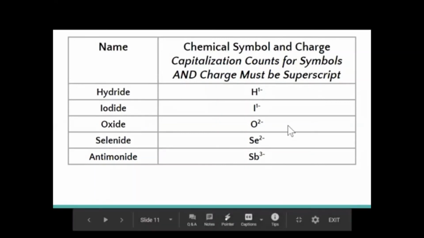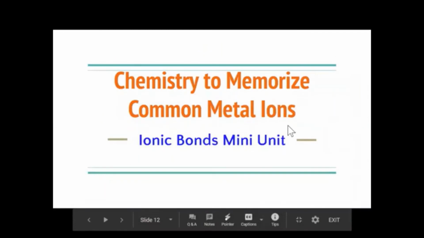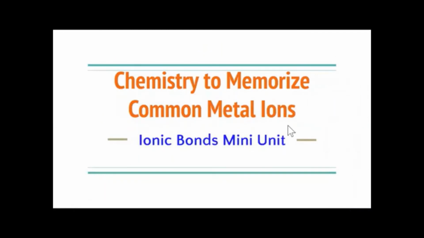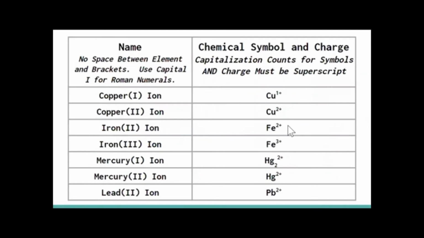Okay, the next big header is common metal ions. So here we go. I want to remind you of some things on this. For the name, there is no space between element and brackets. The brackets are your round brackets, not your square brackets.